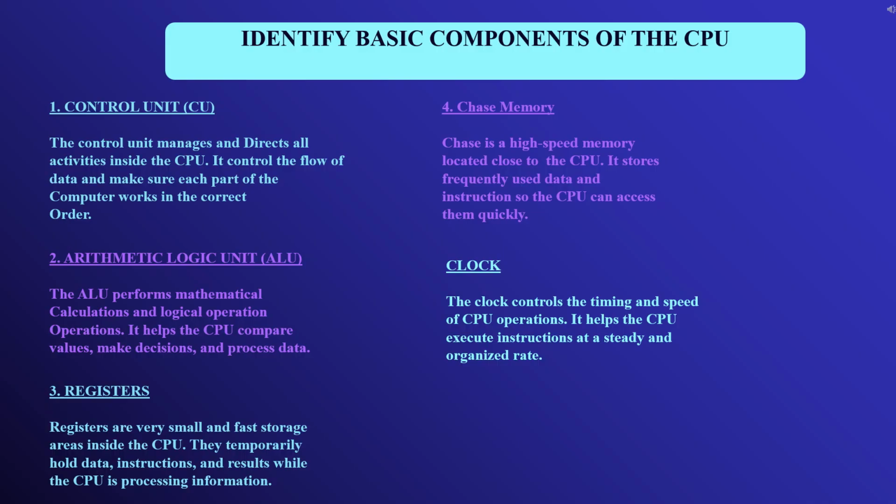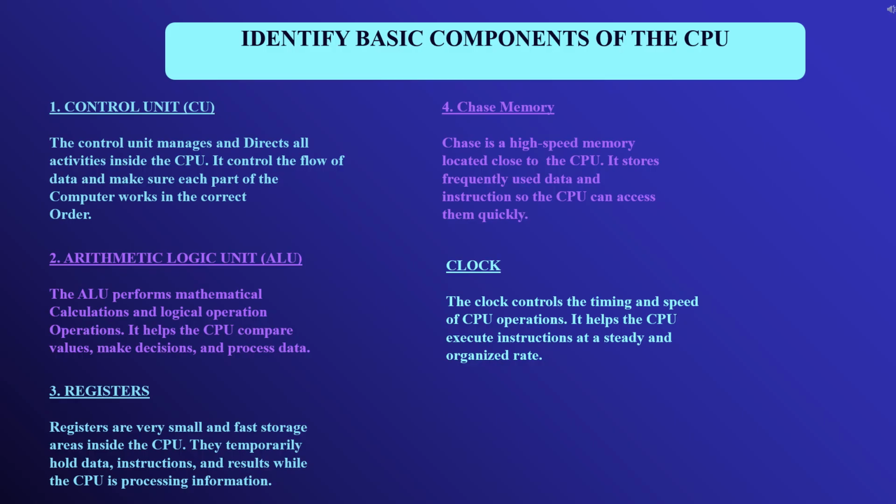It doesn't do the calculations itself, but it directs the flow of data and makes sure every other part of the CPU works in the correct order at the correct times. Next we have the arithmetic logic unit, or ALU. This is where the actual maths happens. The arithmetic logic unit performs calculations like addition and subtraction, and it also carries out logical operations, such as comparing two values to decide which one is bigger.